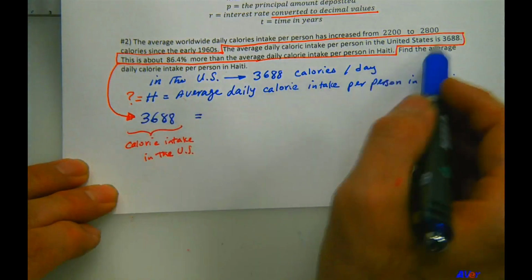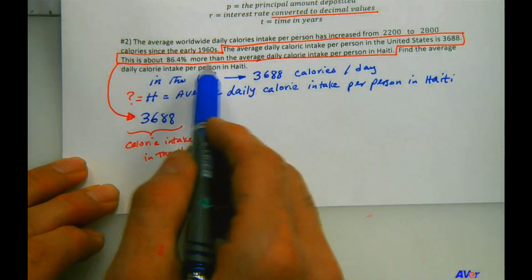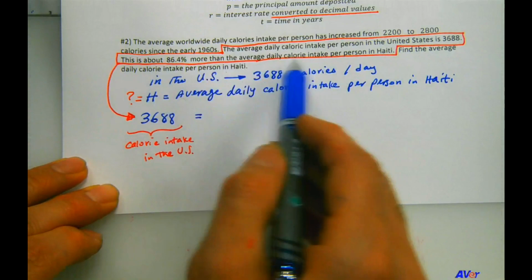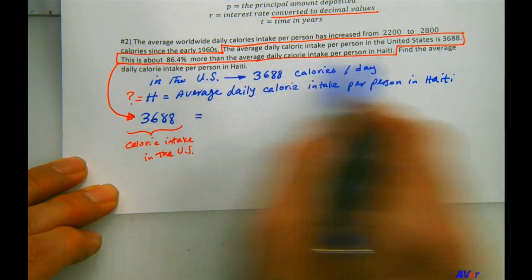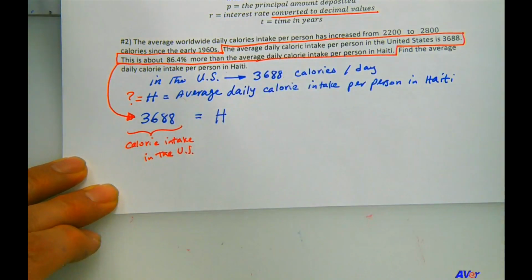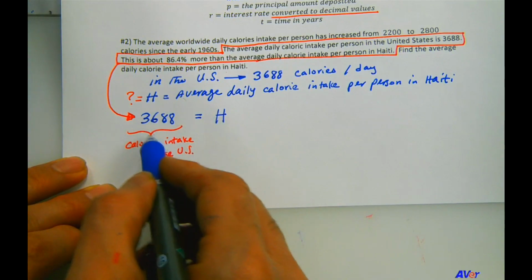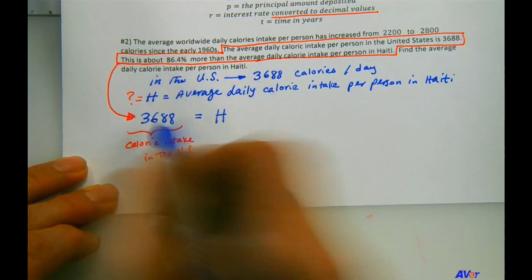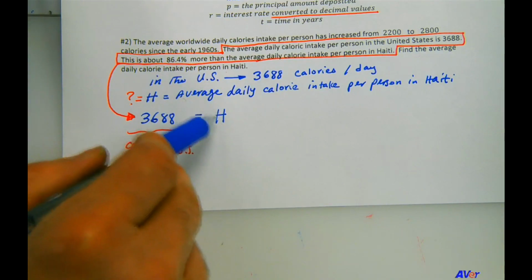This, we are told, is about 86.4% more than the average daily calorie intake per person in Haiti. So the average daily calorie intake in Haiti is H. We're looking for that. Is that equal to what we consume here in the United States? No. In the United States, we consume 86.4% more than this.